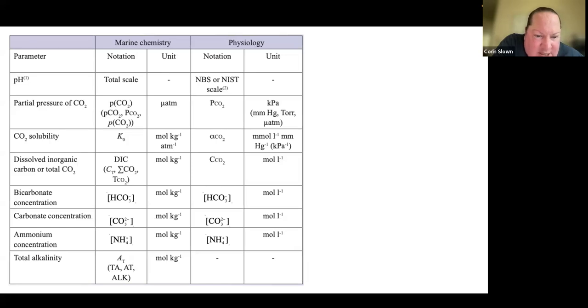And then we think about our concentrations, and again, we use similar but slightly different measures. So the moles per kilogram, remember, is molality, whereas the moles per liter is molarity. So again, this is the convention of the discipline or the field of study, and it's important to know the distinctions between the two. We're going to come back to this in just a minute, but it's a nice reference table for you.